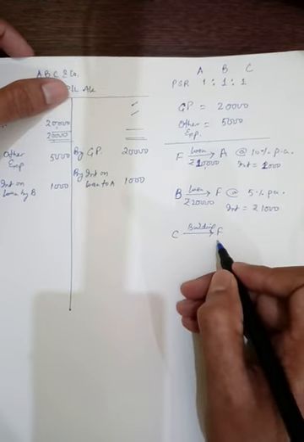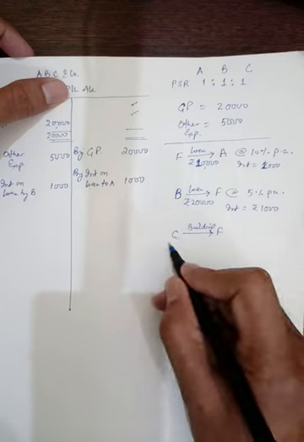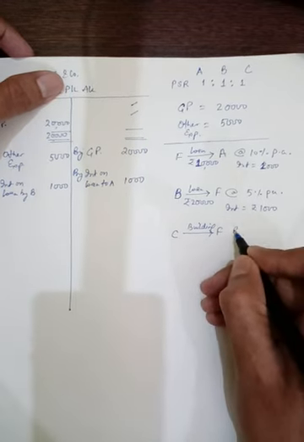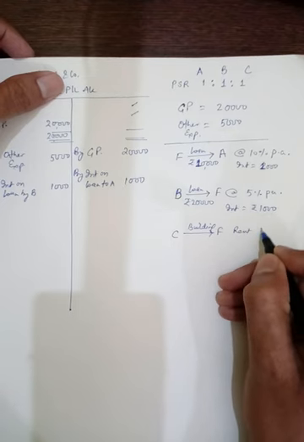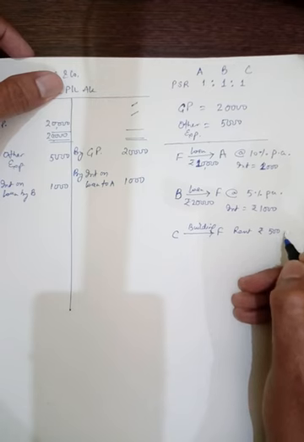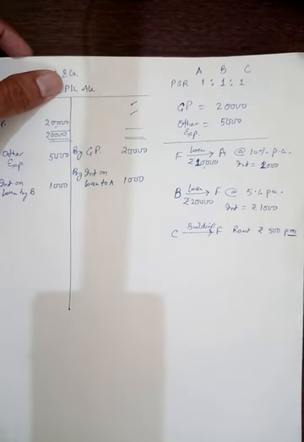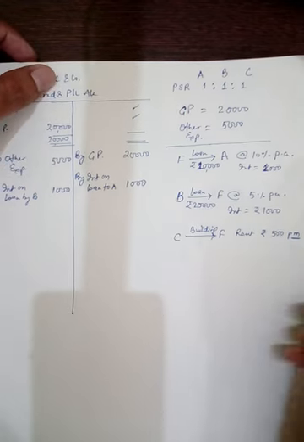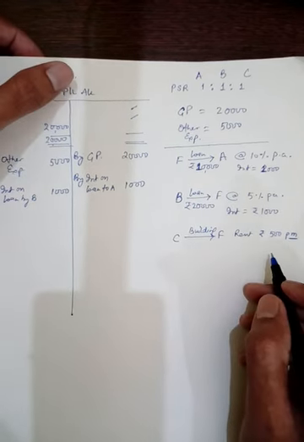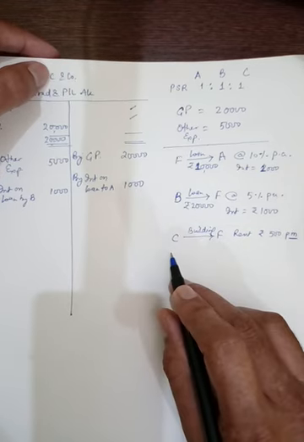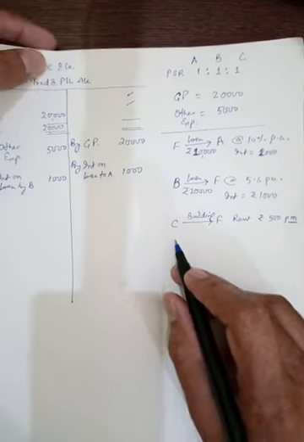Now the firm is obliged to pay rent to Mr. C, and the rent you are given is rupees 500 per month. So 500 per month rent will be given by the firm to Mr. C. Now recall the journal entries.